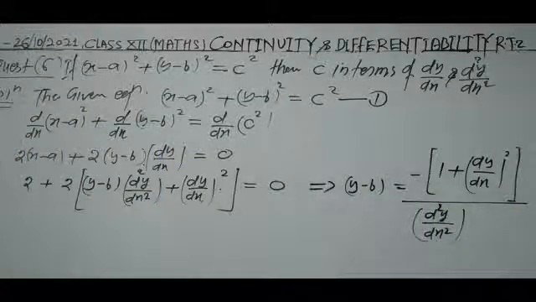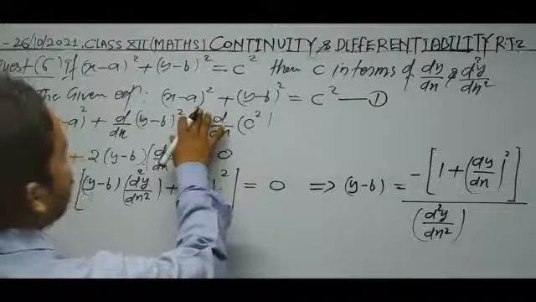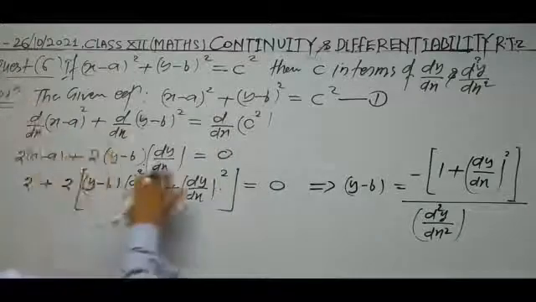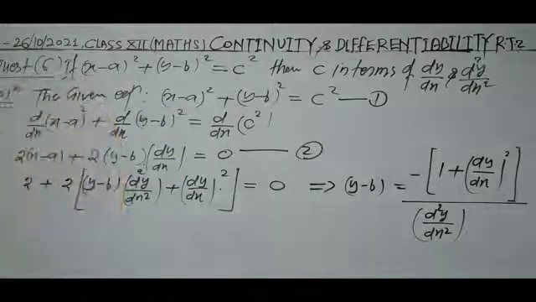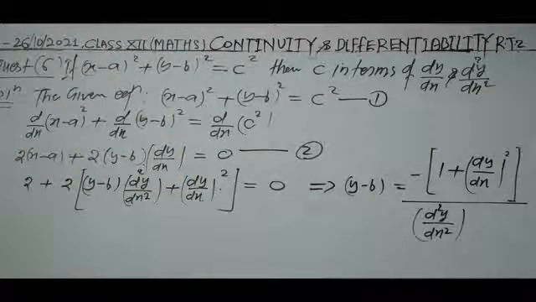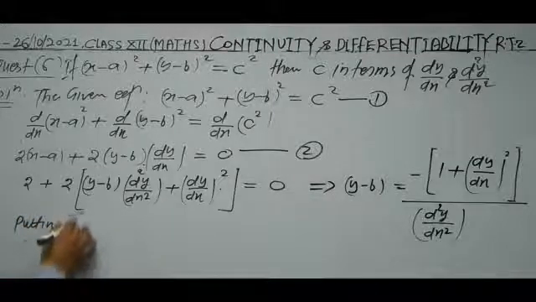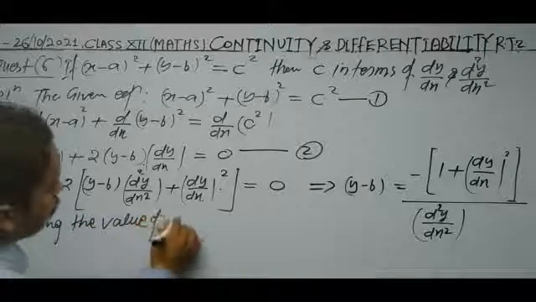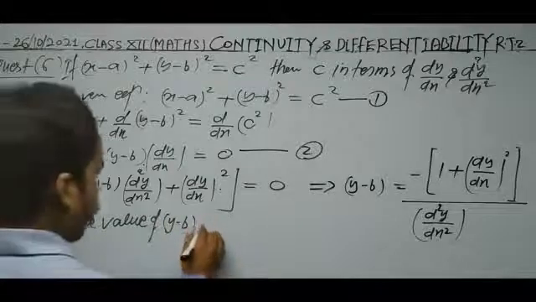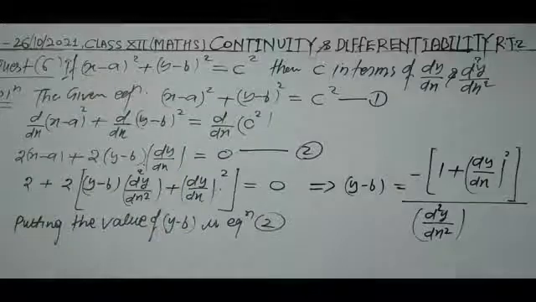Now we can put its value in equation 2, considering this as equation 2. Putting the value of y minus b in equation 2, what will you get as the result?